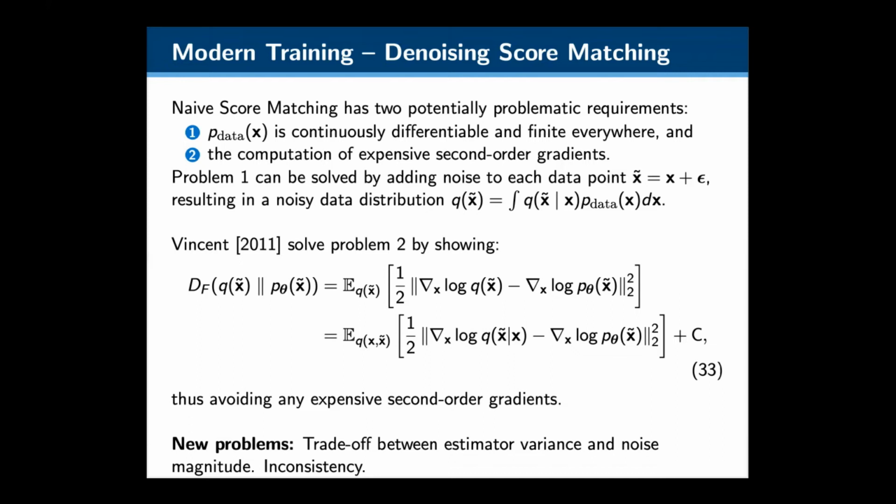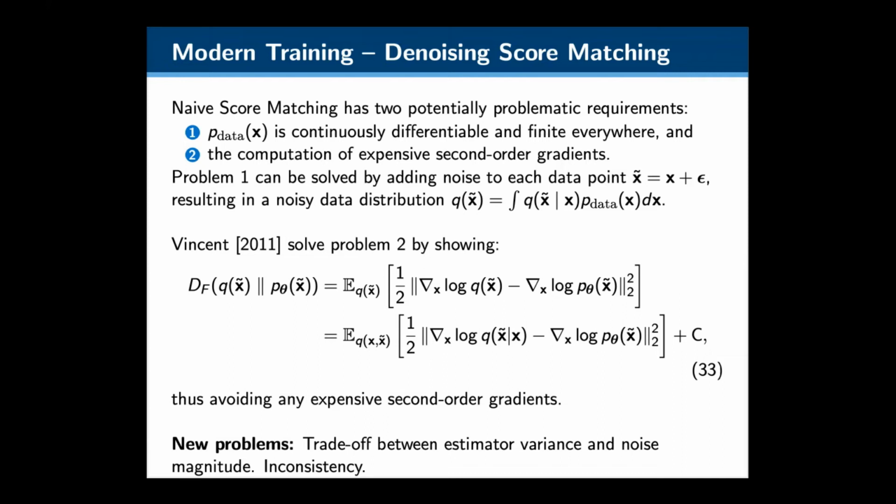Unfortunately, there's a trade-off between the size of the noise and the variance of our estimator. The smaller that noise term, the higher the variance is, confusingly. Now, this can be solved using techniques like control variates, but ultimately it's a little bit dissatisfying that we have to add noise to a distribution that we don't want to.